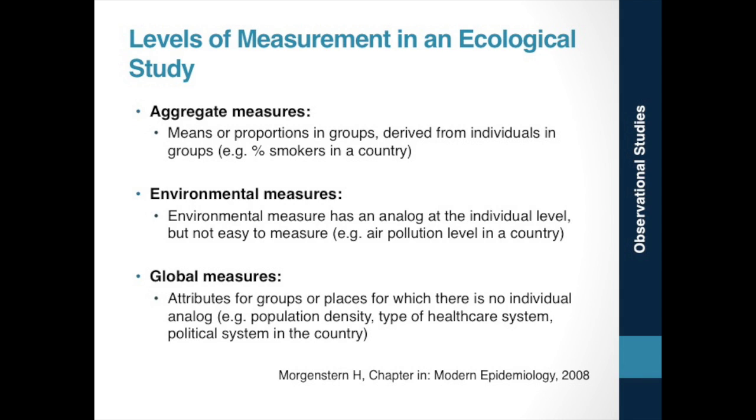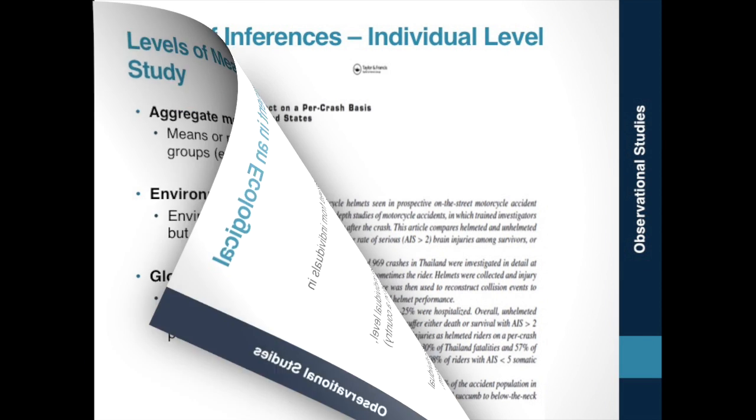And these individual exposures or doses usually vary among individuals in each group, though they might remain unmeasured. Global measures are attributes of groups or places for which there is no distinct analog at the individual level, and examples would be level of social organization or the existence of a specific law.